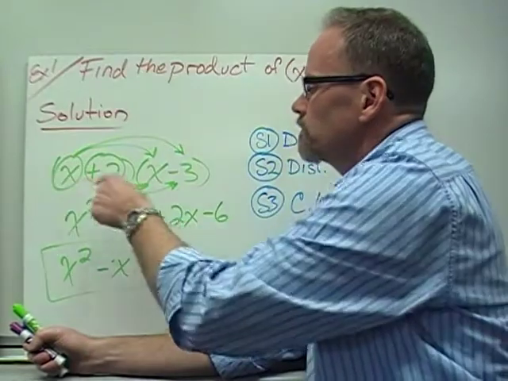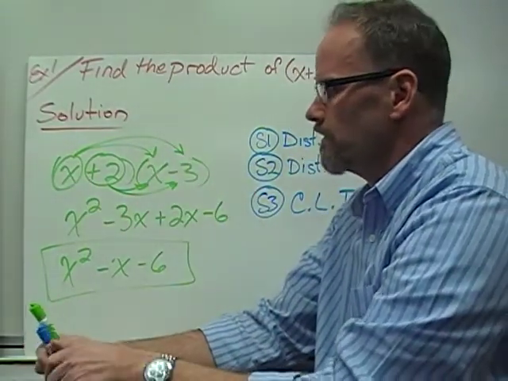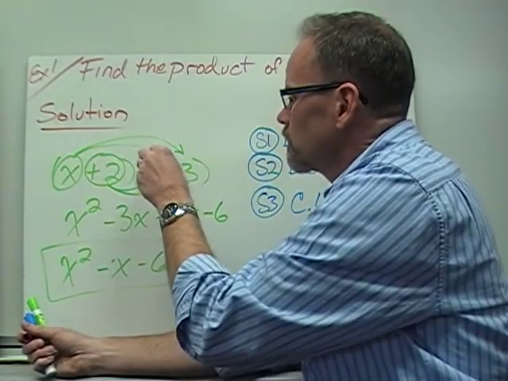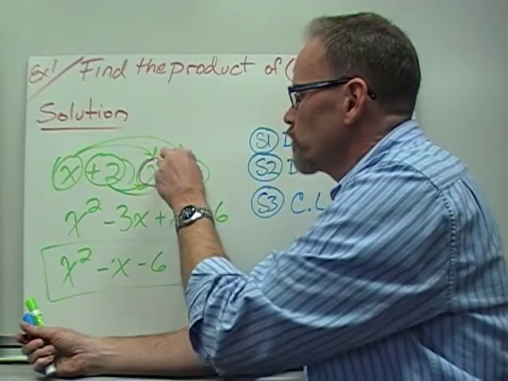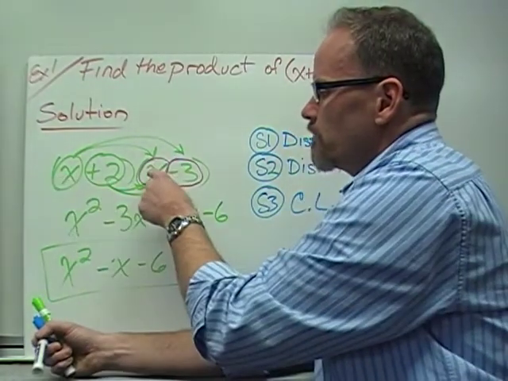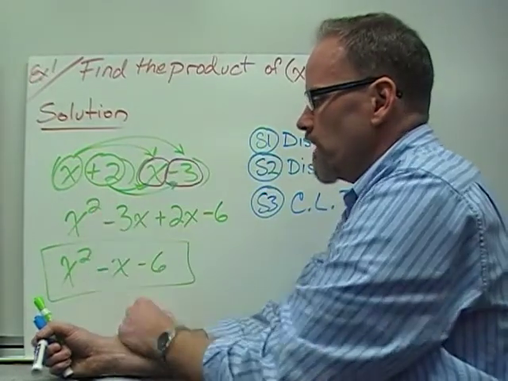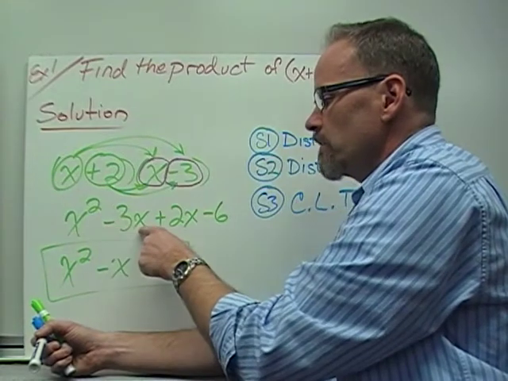So circle it. If you want to, you can circle your terms here too. Make sure we keep our positives and negatives with who they're supposed to be with. Positive x times positive x is positive x squared. Positive x times negative 3 is negative 3x.